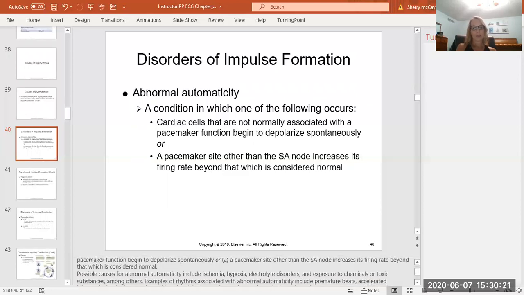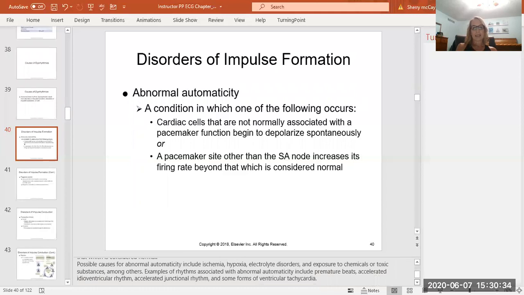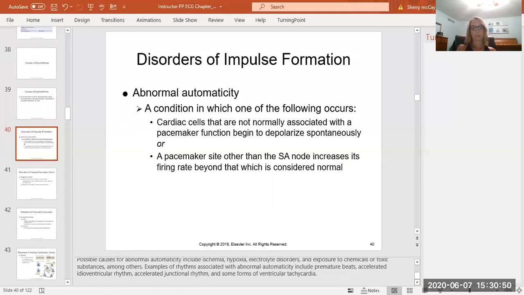Okay, possible causes are ischemia, hypoxia, electrolyte disorders, and exposure to chemicals or toxic substances. Examples of rhythms associated with abnormal automaticity include premature beats, accelerated idioventricular rhythm, accelerated junctional rhythm, and some other forms of tachycardia, such as ventricular tachycardia. Okay.